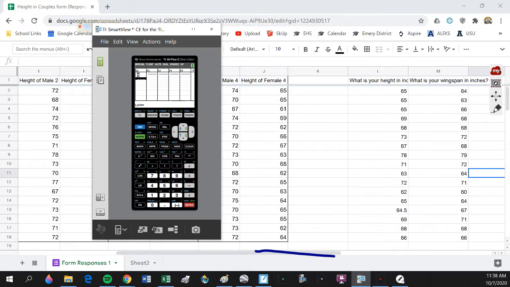Stat. L1 and L2. Height is L1. Wingspan is L2. We're done with the other list. All that time you spent was wasted.